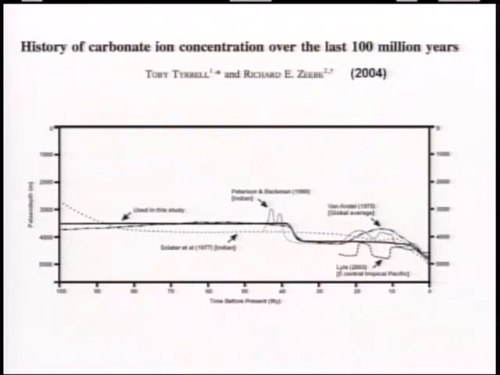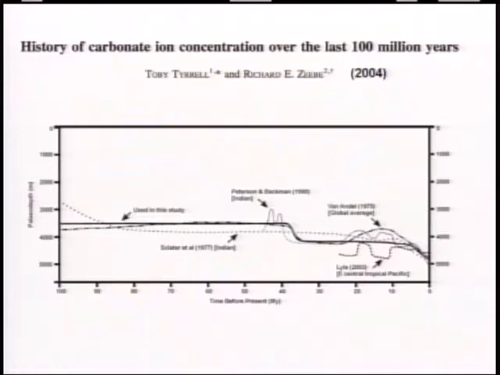Now we need a second parameter of the carbon system, and the way we approached that is we used carbonate ion concentrations as a function of the carbonate compensation depth in the deep ocean. This was work done by Richard Zeebe for us.